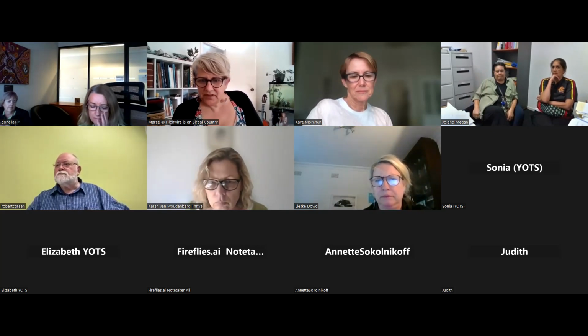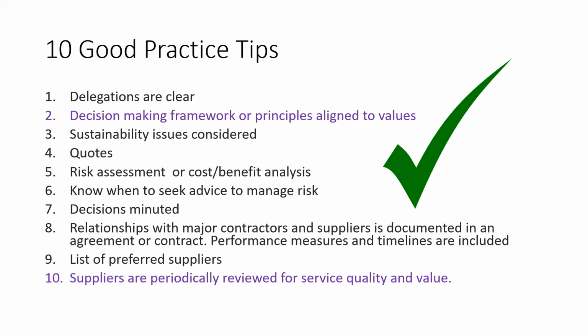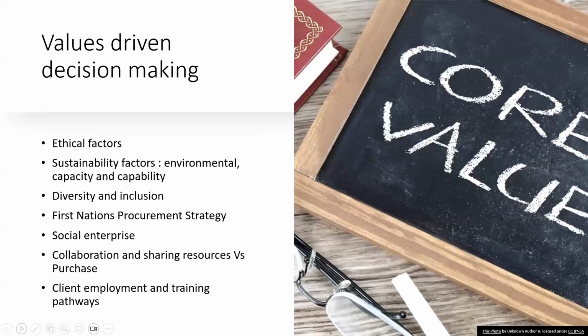Now, I think that is what we wanted to cover today, except I want to leave you with this little list about values-driven decision-making. This is the decision-making framework that you might have in your organisation. We've got a resource for you from the Australian Institute of Company Directors, written along with the Governance Ethics Council, I think.